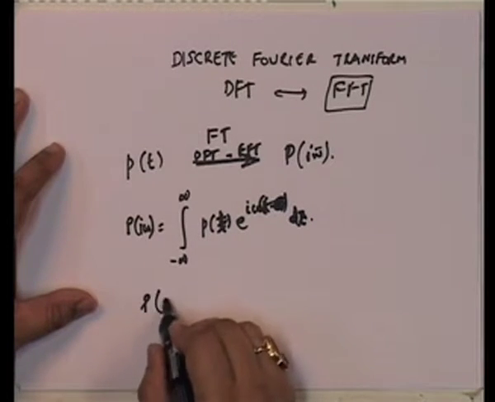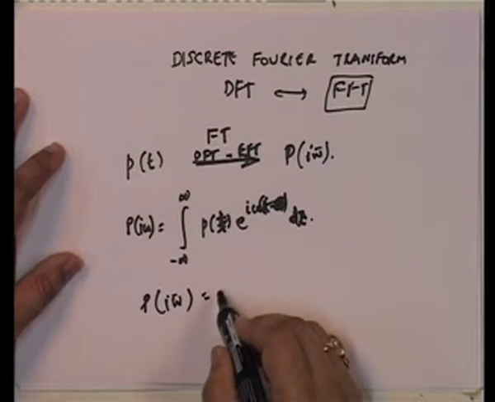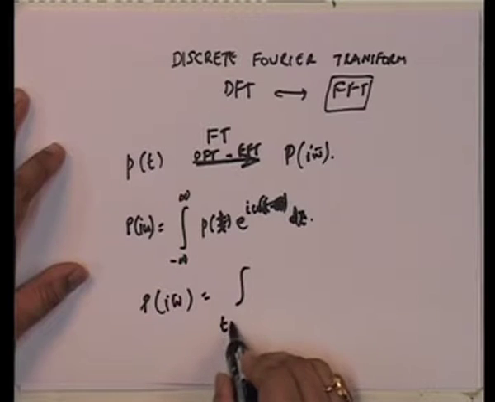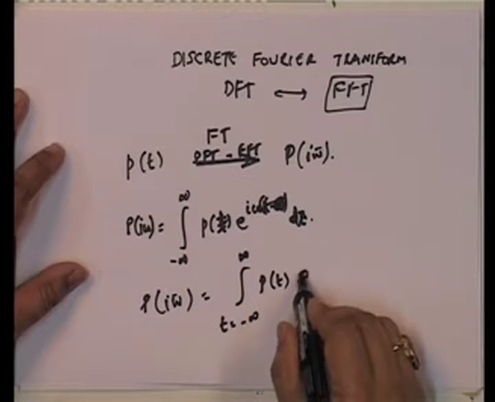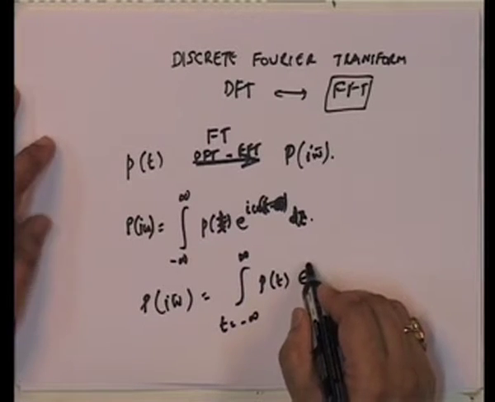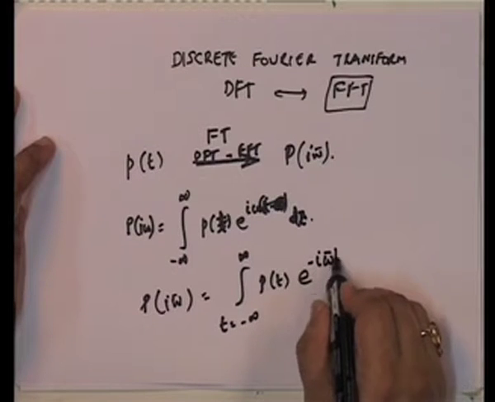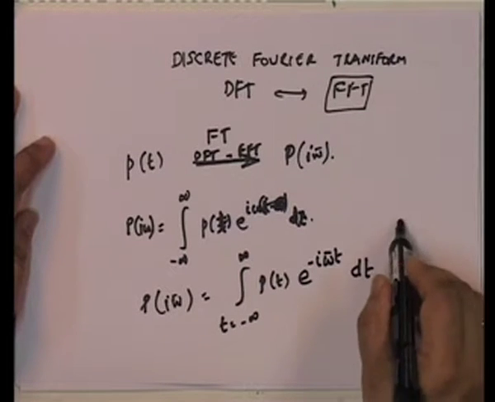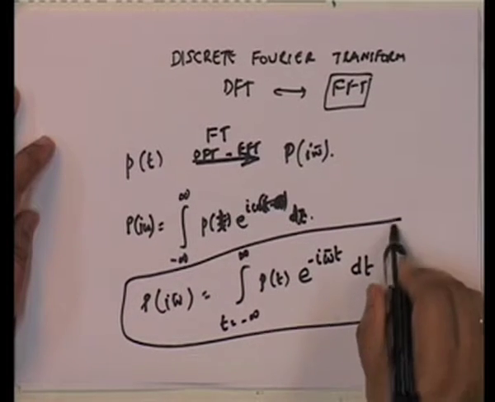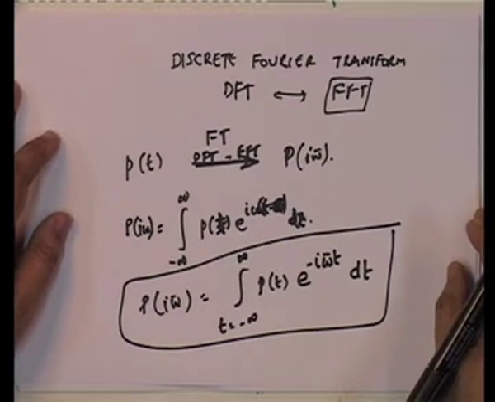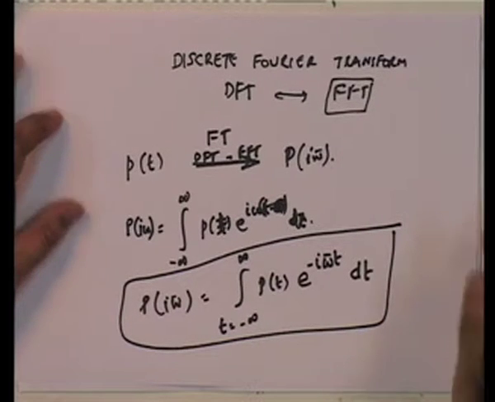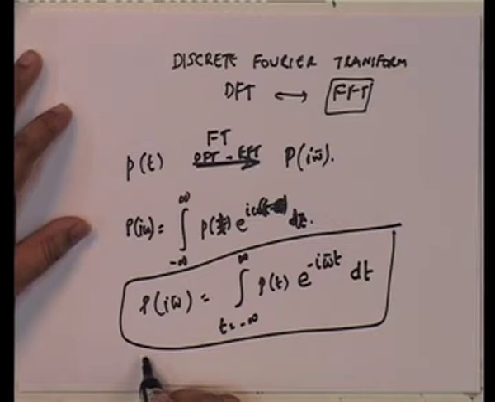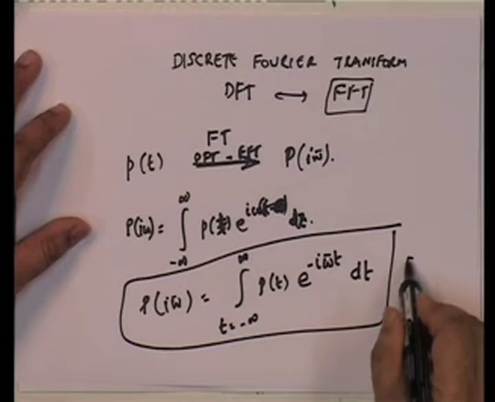So, essentially again I am going to rewrite this: P(i omega bar) is equal to the integral over t going from minus infinity to infinity of P(t) e to the power of minus i omega t dt. This is the frequency domain representation of the load. And the other thing that you have is the inverse Fourier transform.